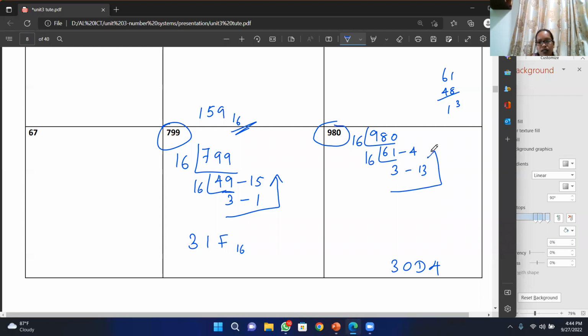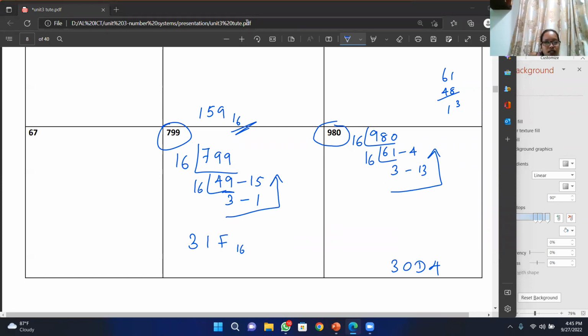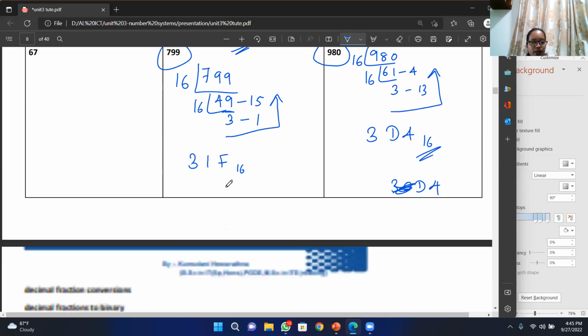Is this 3, 13 and 4? Is this the answer? Anybody who took this one? I got it's 3, 13 and 4, teacher. 3D4 to the base 16. Yes, yes. Check again. Rahik has given the correct answer, 3D4. Instead of 13, you have to put D. Right. The next two, you can do it later.